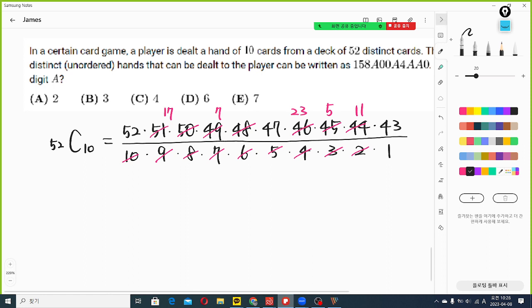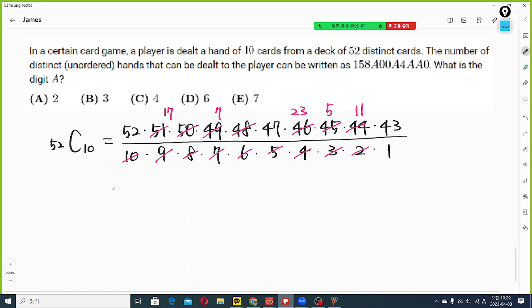So now the denominator is 1. So when we multiply these numbers, we will get the number we want.